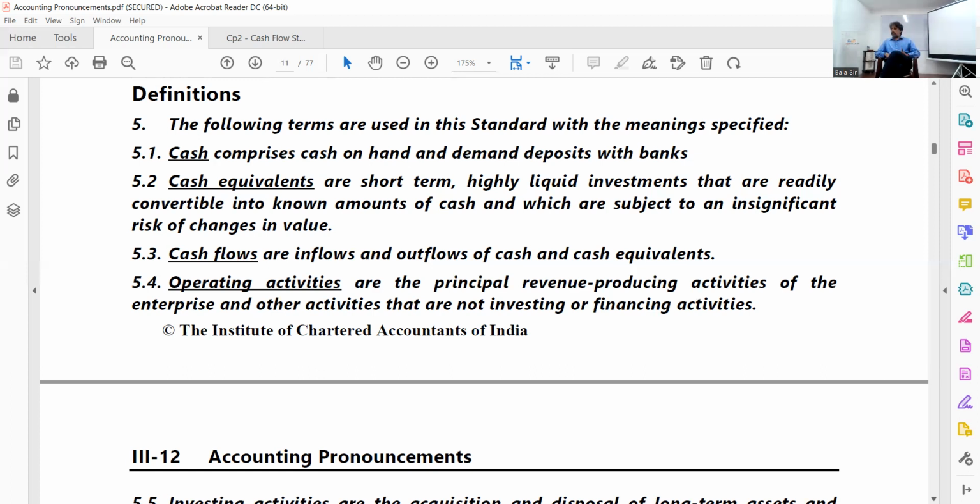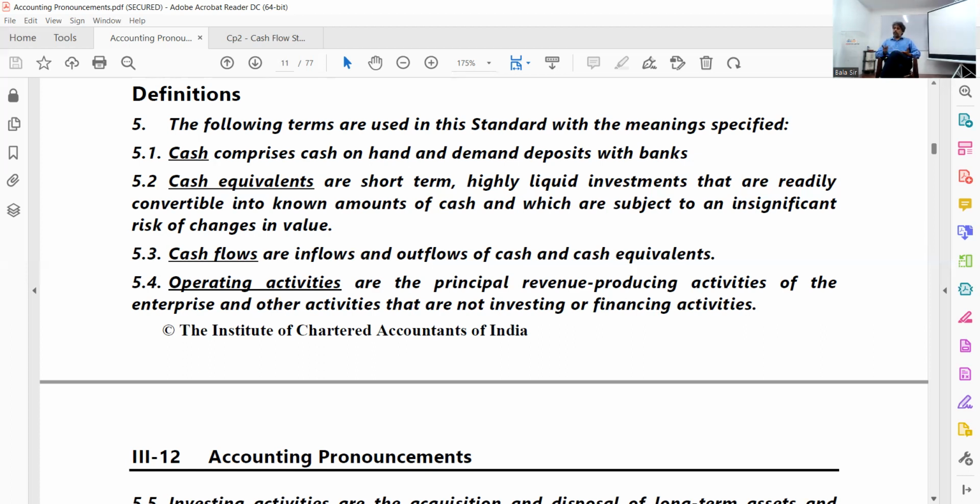Now write point C. Write purchase of investments. And do write in brackets, other than cash equivalents.